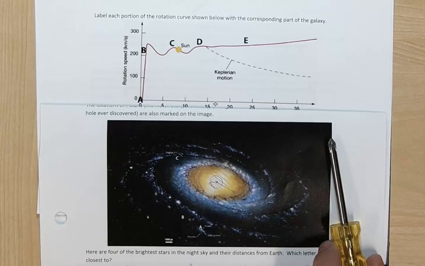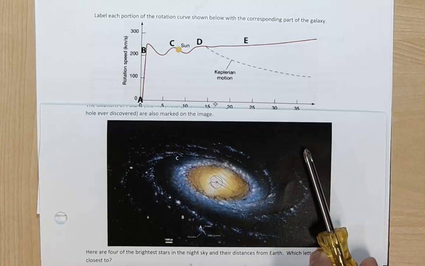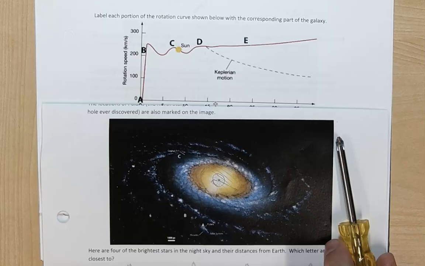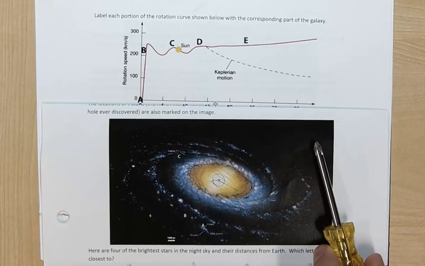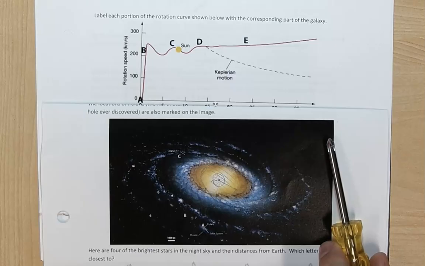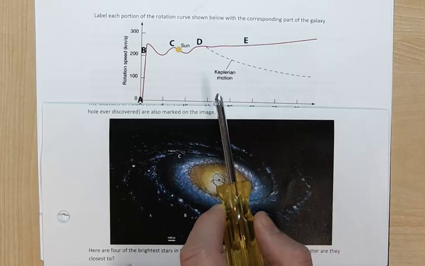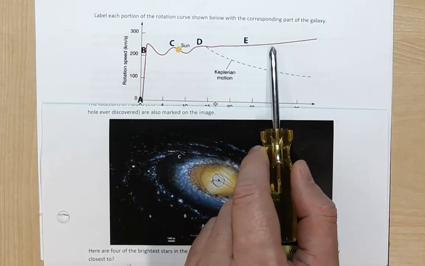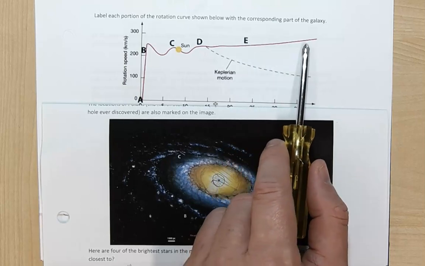That's one of the big pieces of evidence for the dark matter, right? The fact that as you get further from the center of the galaxy, the enclosed mass doesn't stay the same. As you get further, the enclosed mass also increases. So that the speed of the stars doesn't slow down. In fact, they kind of speed up.